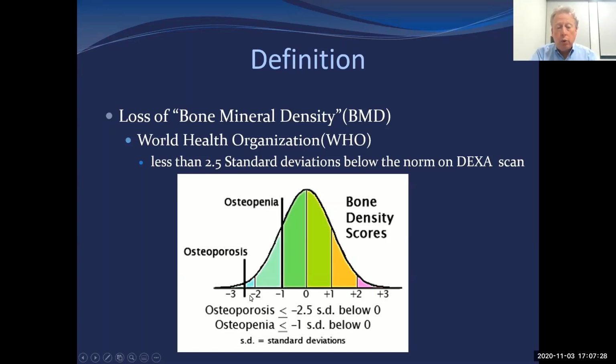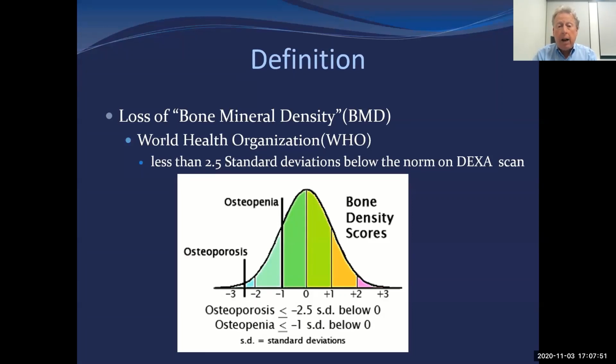When you get to 2.5 standard deviations, that's what these bars represent. When you get to 2.5, that's considered osteoporosis. Before you get to 2.5, you go through an area here that's called osteopenia. That's at or about 1 standard deviation below the norm.